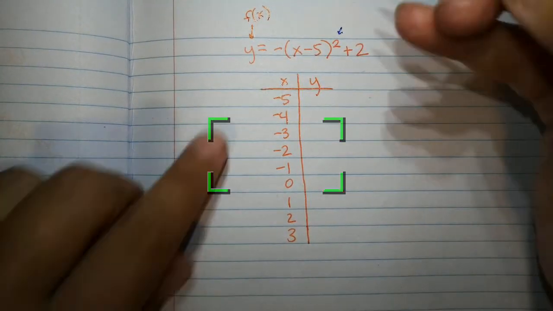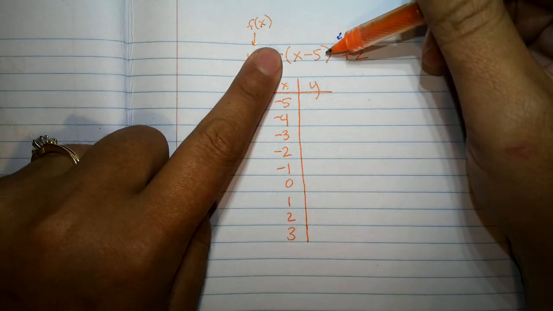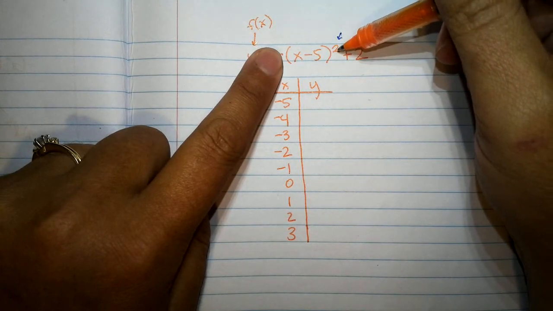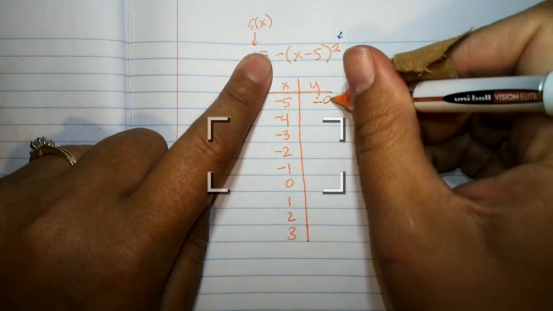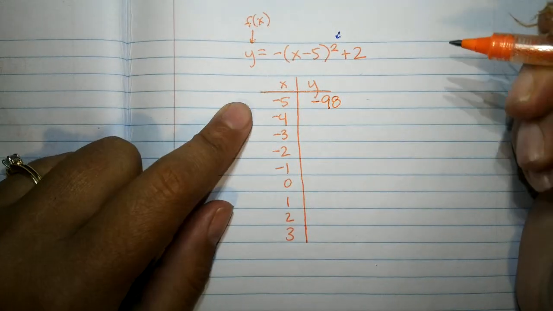Okay, so if I substitute -5, I've got -5 minus 5, that's -10, square it, we get 100, then we worry about the negative. So we're at -100 plus 2, that's -98. That's a pretty big number, probably not going to graph that.